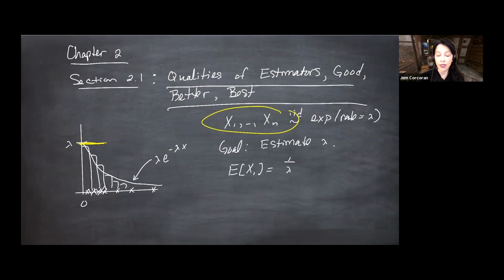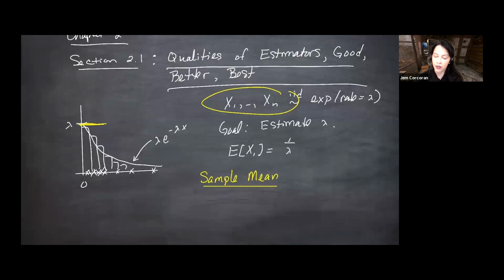And that would be called the sample mean, which is going to be a really important statistic for us throughout this course. The statistic being any number you can compute from data. So the sample mean we write as, and this should be nice and capital, X bar, and it's the average of your sample. So 1 over n, the sum as i goes from 1 to n of Xi.